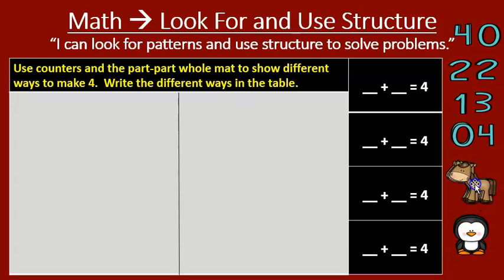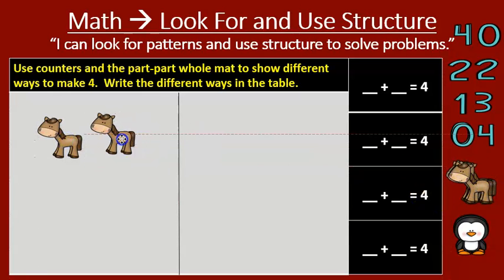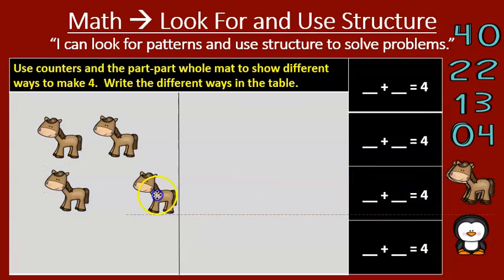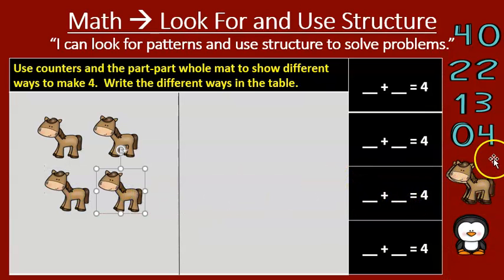Now, watch me. Let's say 1, 2, 3, and 4 here, okay? How many horses did I put there? Let's count. 1, 2, 3, 4. So remember, I'm going to put 4 down here because I know there are 4 horses in this part whole.